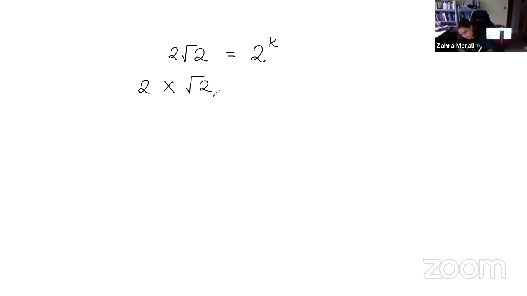We said anything to the square root is to the power of a half, and the 2 is to the power of 1. When there's a times sign, it's the same as adding the powers. So we get 1 plus a half, which makes 3 over 2. So we get 2 to the 3 over 2, and now we can see that k equals 3 over 2.